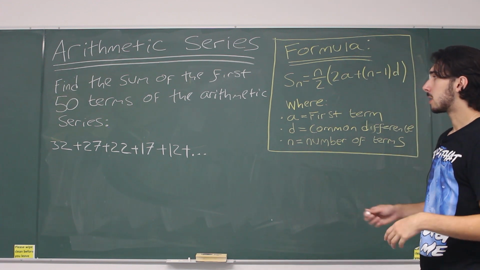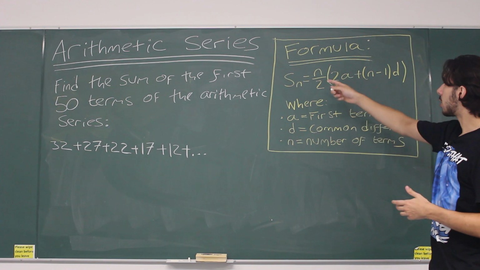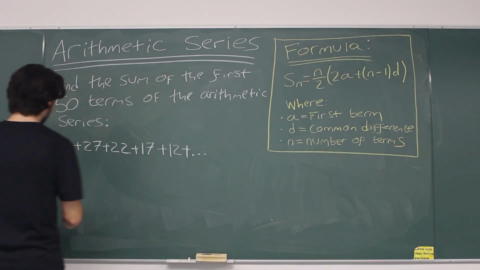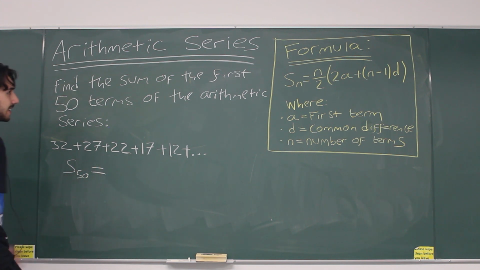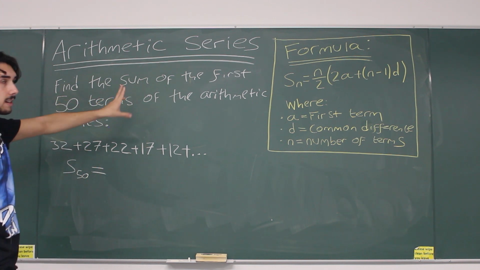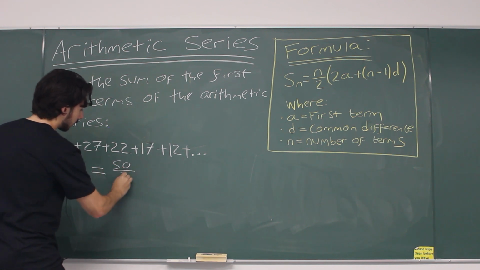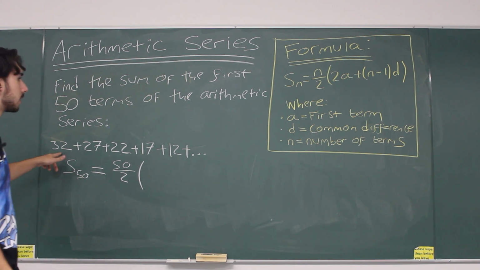So what we do now, guys, is we need to identify what a, d, and n are, and we just plug into the formula. It really is that simple. So the sum of the first 50 terms would be n over 2. n is 50. So 50 over 2 times 2 lots of the first term. The first term is 32.